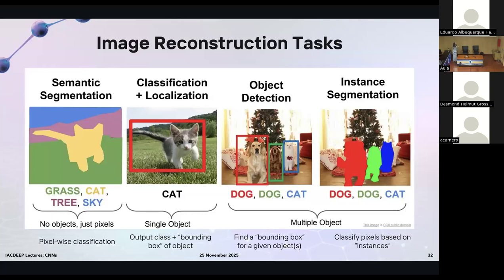Whereas this one, like I said, is for individual instances. So this is dog 1, dog 2, cat, and I know exactly where they're located in the image. Does that make sense so far? Okay. And like I said, this is the same thing. I know exactly where this object is within my image and I'm classifying it. I know exactly where multiple objects are in my image and I'm classifying them.